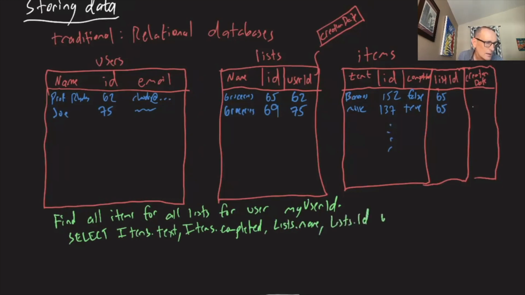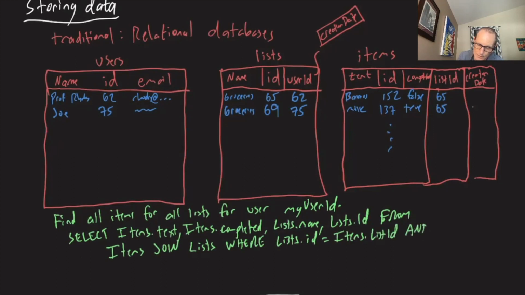And then from, right, what are we selecting from? Well, we're going to select from both the items table, and we're going to join that together with the lists table. And how we're going to join it? We're going to join it where the list ID matches the list ID from the items.